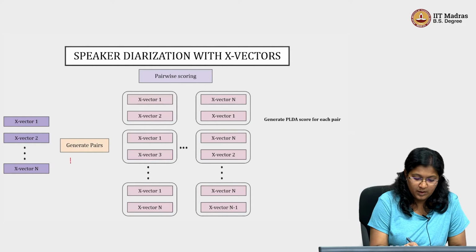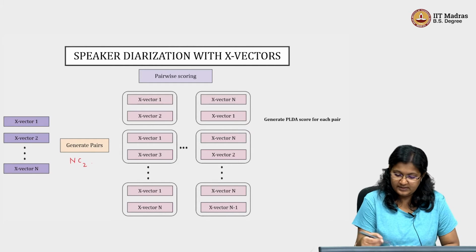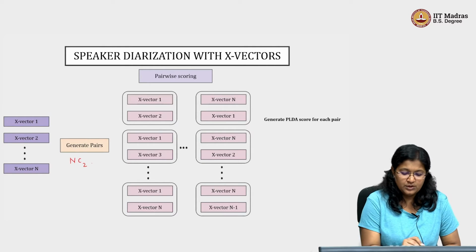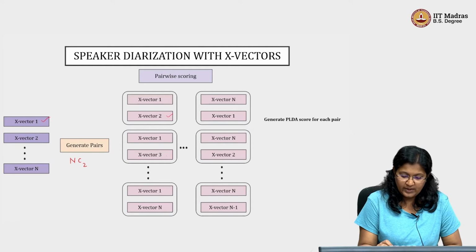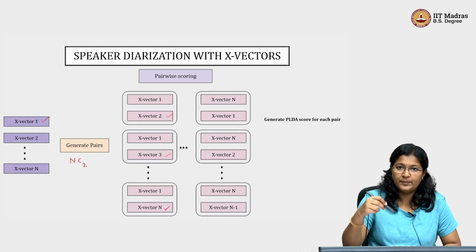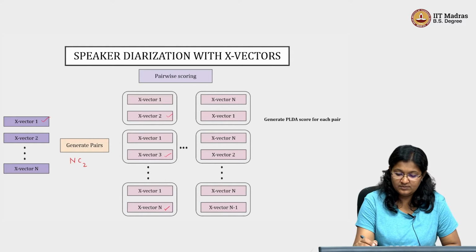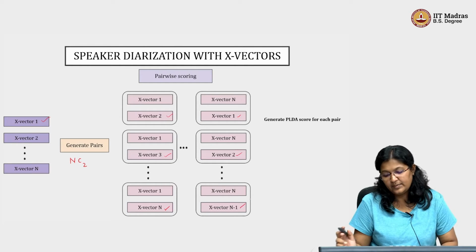Because it is a combination problem, it is going to be n c 2, okay. I have just given a pictorial representation. To generate pairs, you will take x vector 1 and pair it with x vector 2, x vector 3, and so on till x vector n, and you will take x vector 2 and again do pairings. Similarly, finally, your x vector n is paired with 1, 2 until n minus 1.